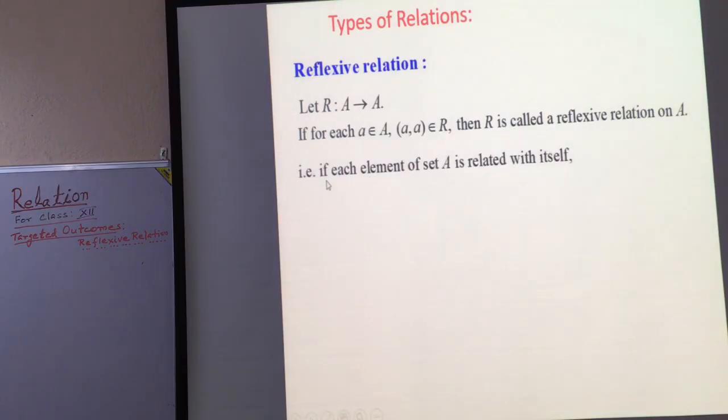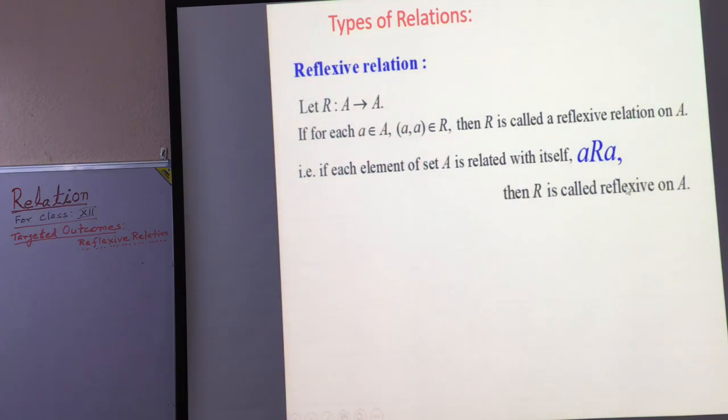That is, if each element of set A is related with itself, if a is in set A, then a should be related with a, and this should be for each element of set A, not for few elements, for each element.